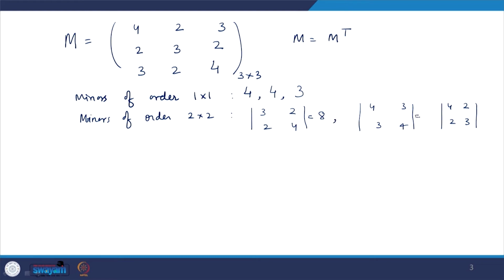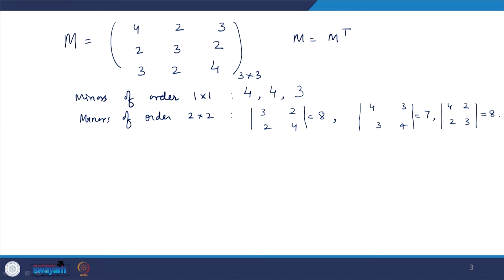The determinant of the second is 16 minus 9, which is 7. The determinant of the third is 12 minus 4, that is 8. So again, all the principal minors of 2 cross 2 are greater than 0: 8, 7 and 8.